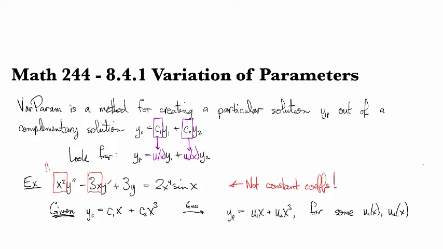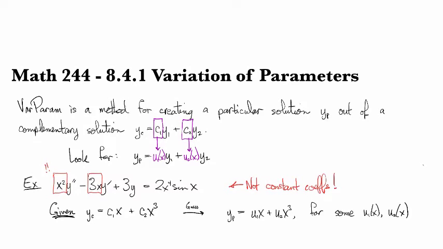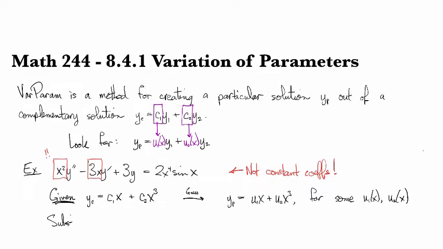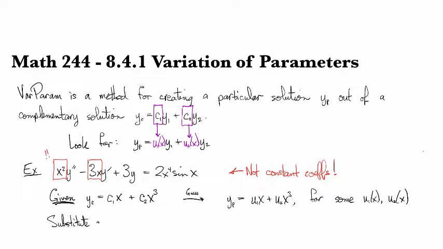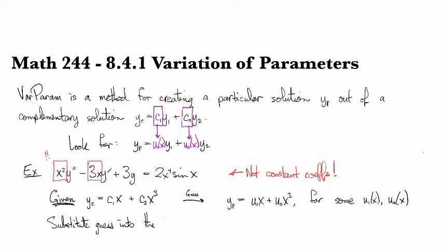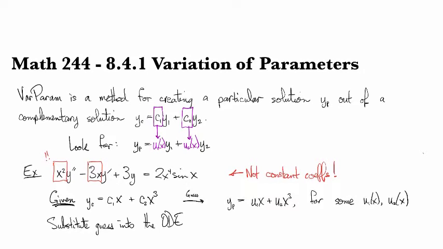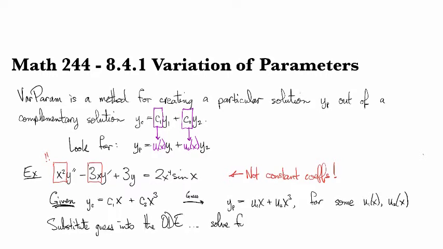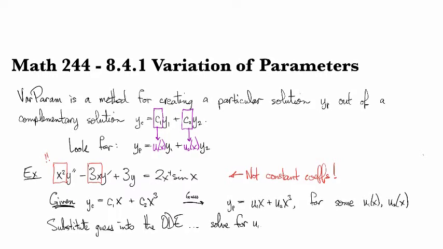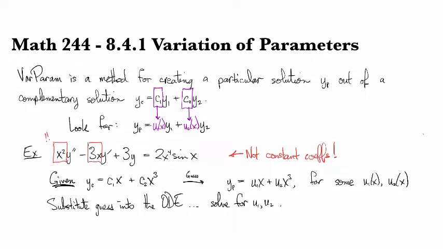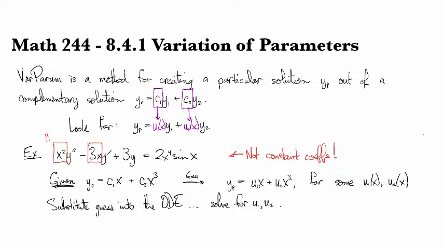Then we'll substitute this guess back into the ODE in hopes of solving for u1 and u2. And if we find u1 and u2, then of course we're done because we can build our YP from it.